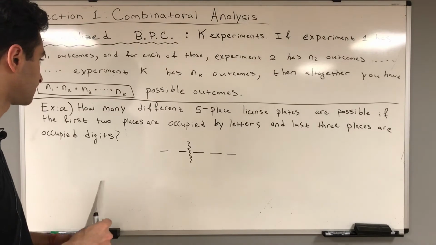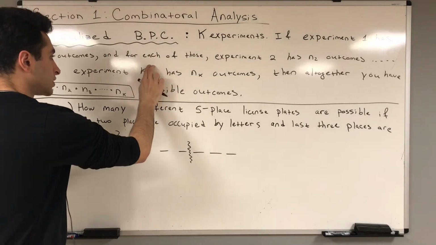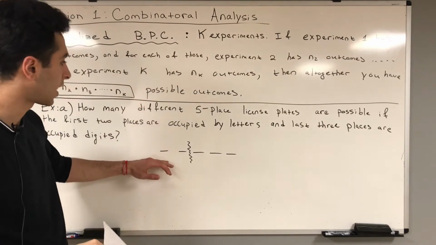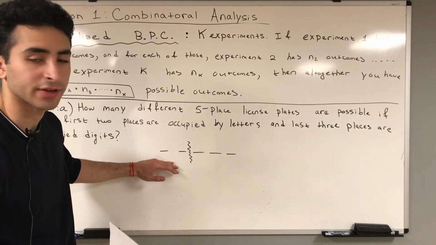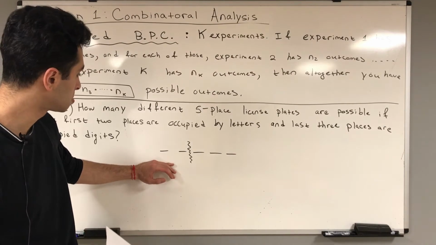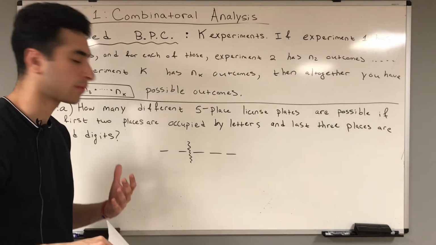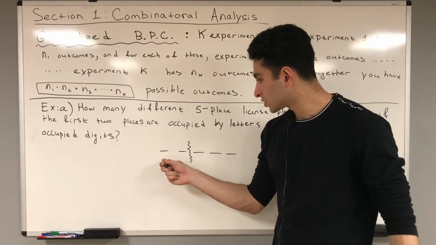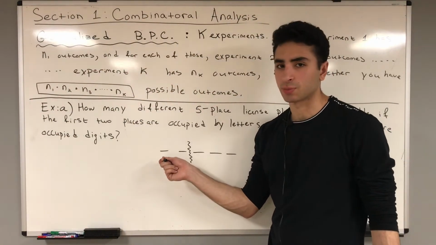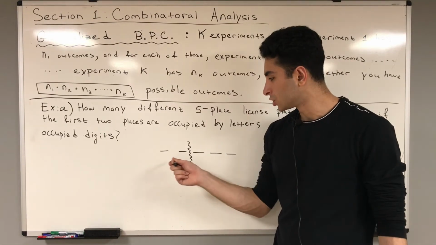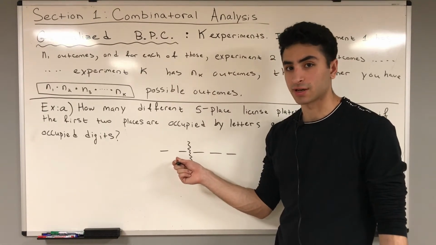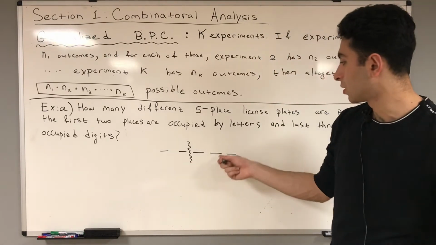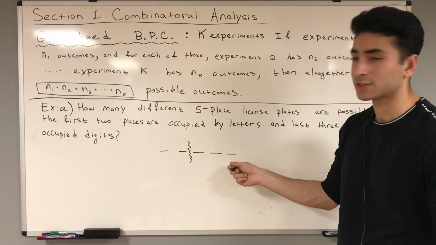So we have to somehow use the generalized basic principle of counting. How many experiments do we have here? Well, I say 5, and this is the reason. Choosing one letter here is your first experiment. Choosing something else here is your second experiment. Choosing something else here is your third, that's your fourth experiment, and that's your fifth.